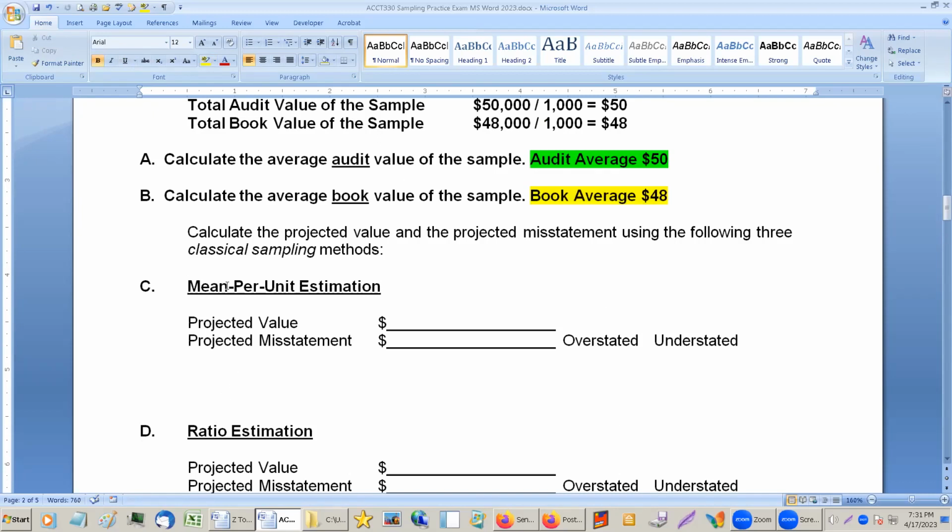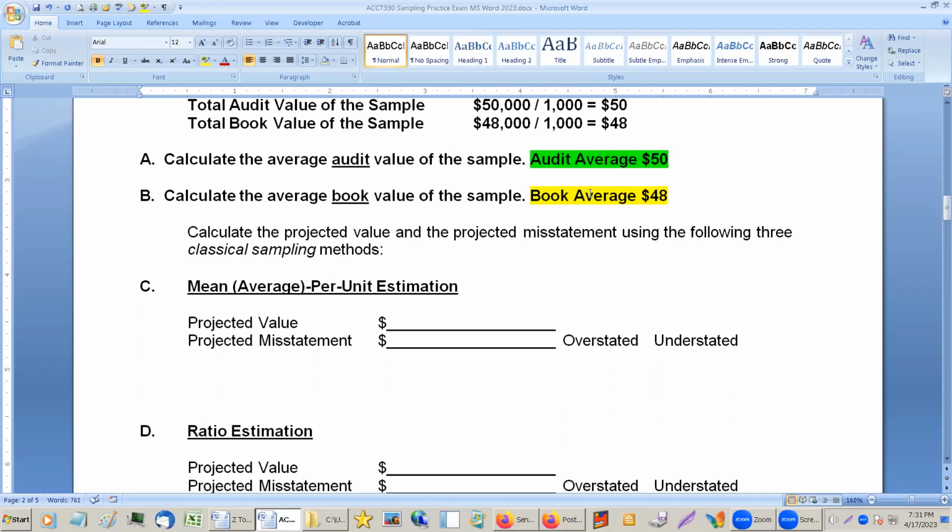So mean per unit, mean is just average. Now, which one of these two averages is more persuasive to us? The one that we actually calculated or the one that someone handed to us?